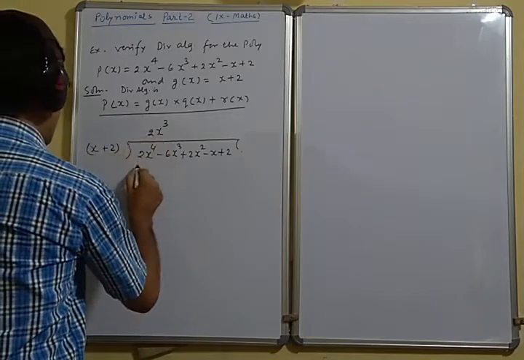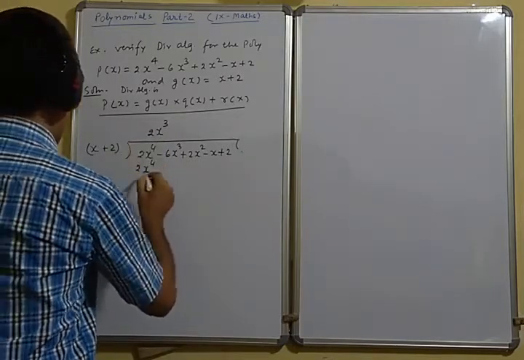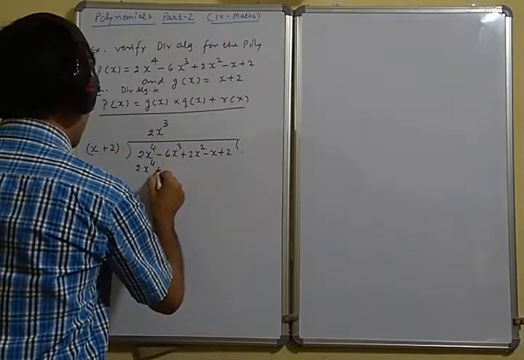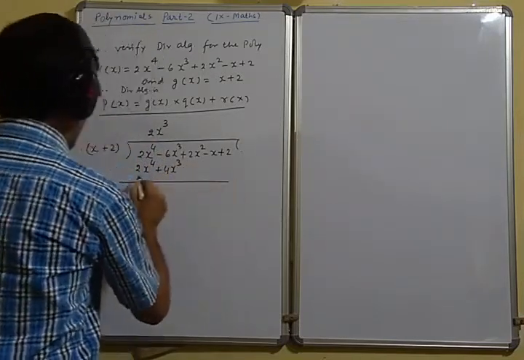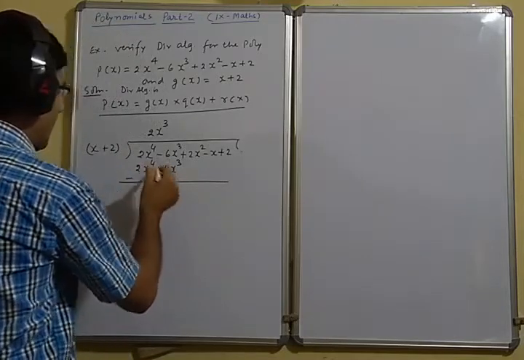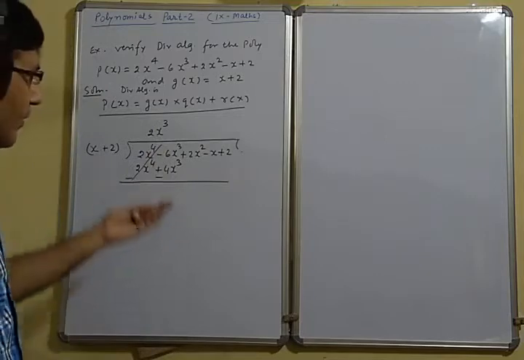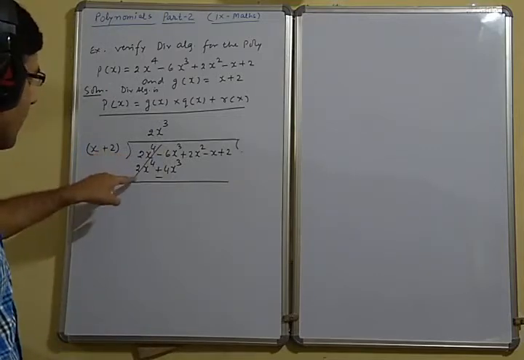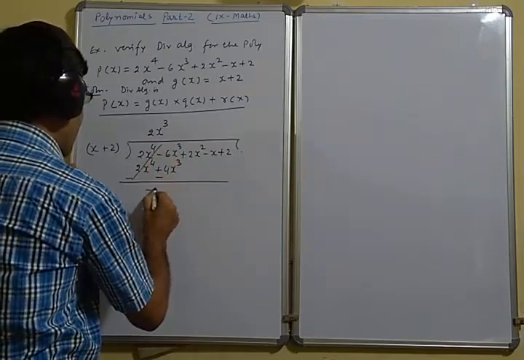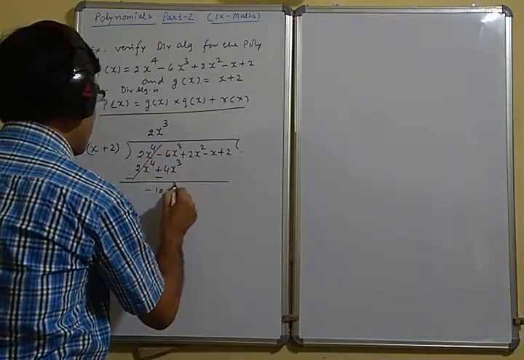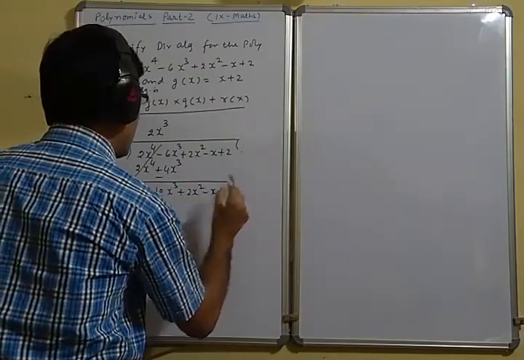So multiply: 2x raised to power 4 plus 2 into 2, 4x cube. Now on subtraction, the sign changes. This division you have done in class 8th. So 2x4 cancels out. Minus 6 minus 4, minus 10x cube plus 2x square minus x plus 2.